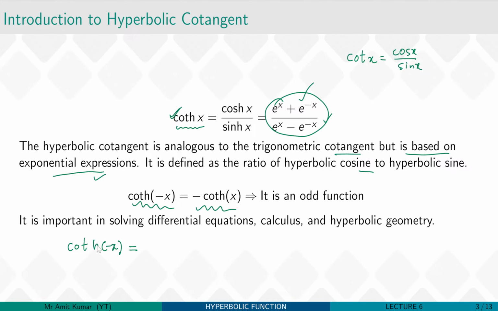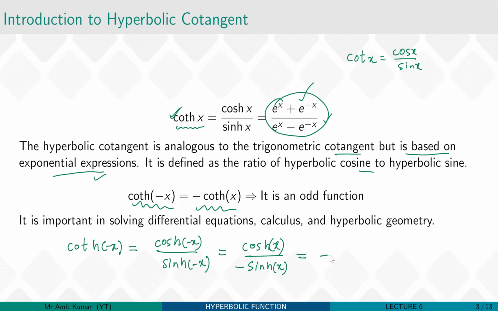So here we can write coth hyperbolic minus x as cos hyperbolic of minus x divided by sin hyperbolic of minus x. Now cos hyperbolic of minus x is equal to cos hyperbolic x, because cos hyperbolic x is an even function, and the sine hyperbolic of minus x is equal to minus sine hyperbolic x, because sine hyperbolic x is an odd function.